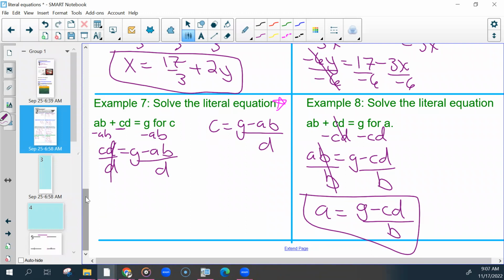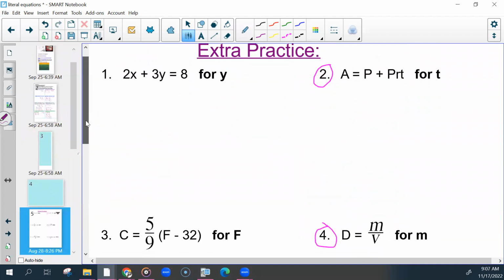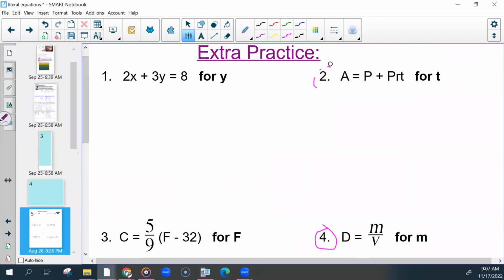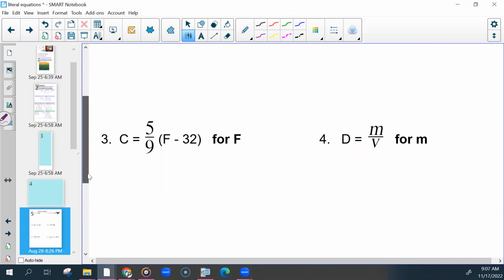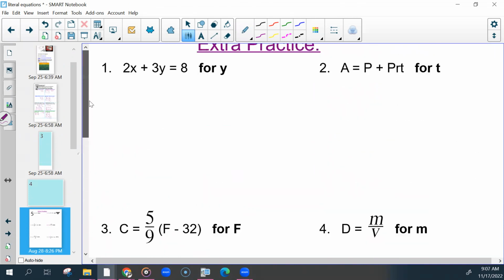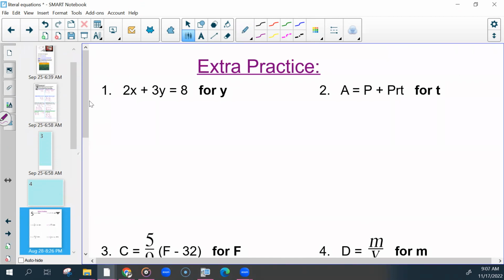Go on to the next page. Find any questions on this page you want to see, go over, have questions about. Jasmine? 6.